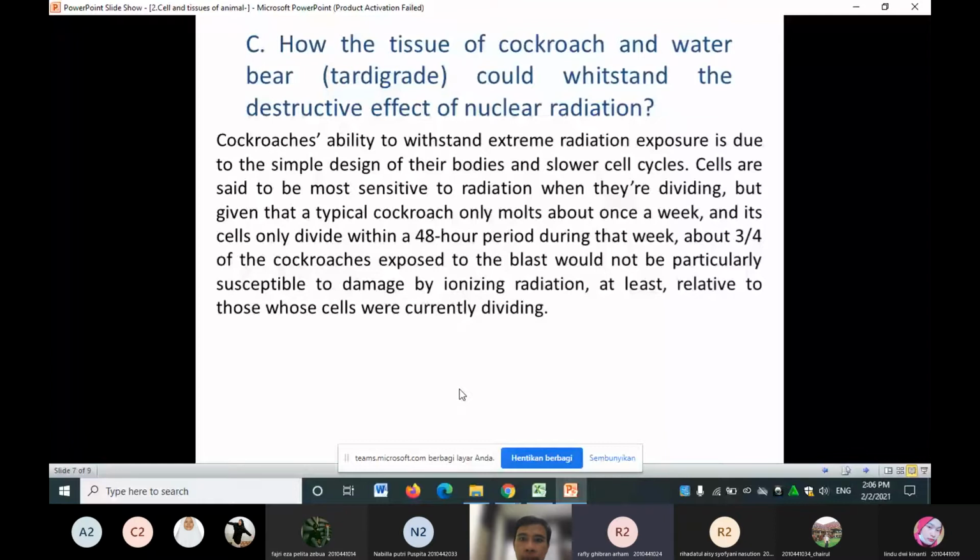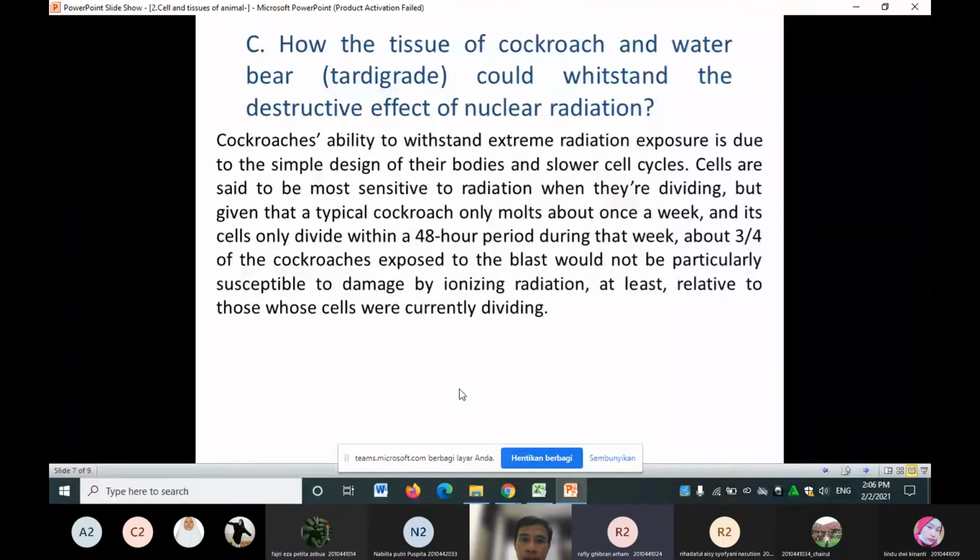Cockroach ability to withstand extreme radiation exposure is due to the simple design of their body and slower cell cycle. Cells are said to be most sensitive to radiation when they are dividing.